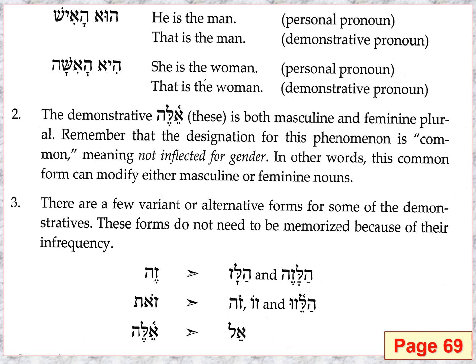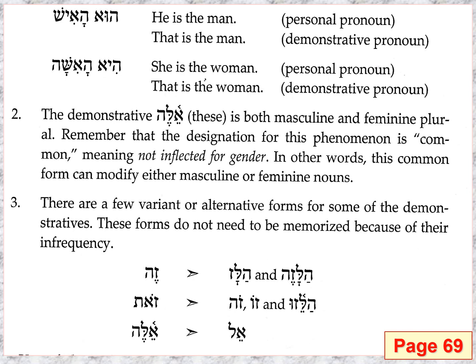Same as well with he ha'isha. She is the woman when it's functioning as a personal pronoun. And if it's functioning as a far demonstrative pronoun, that one is the woman.